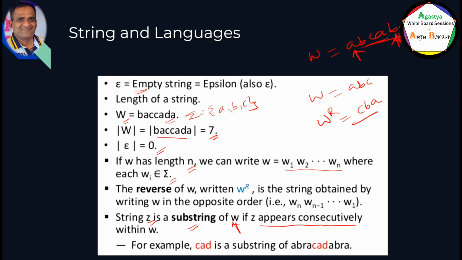No, it needs to appear consecutively within W. You can take BAC or CAB or ABA or AC consecutively within W. You can cut a piece somewhere within W, and whatever symbols appear consecutively are called a substring of W. Now for example, CAD is a substring of this one, since it appears consecutively here.